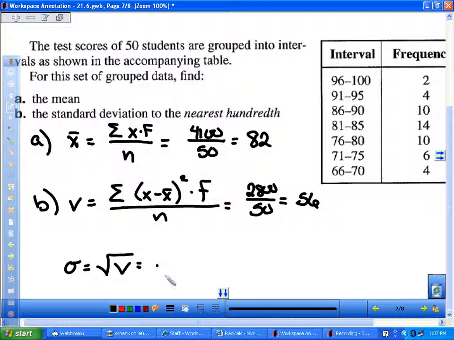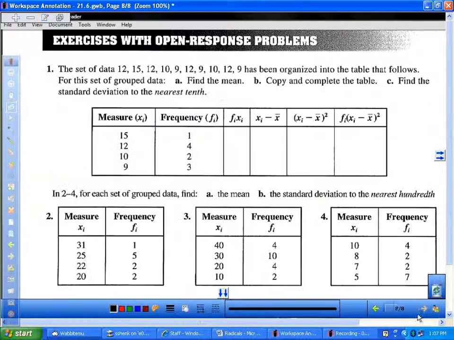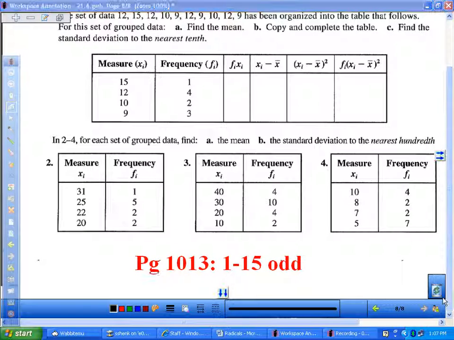And now what are we doing with that 56? Nearest hundredth. 7.48. Rounding up to an 8 or staying an 8? Staying 8, 7.48. Okay.